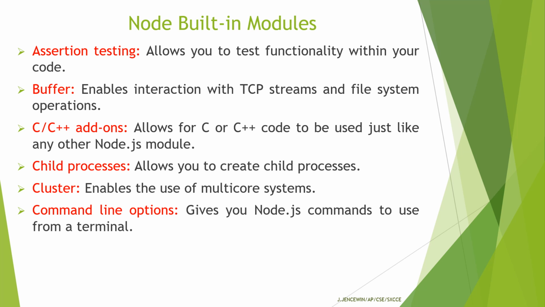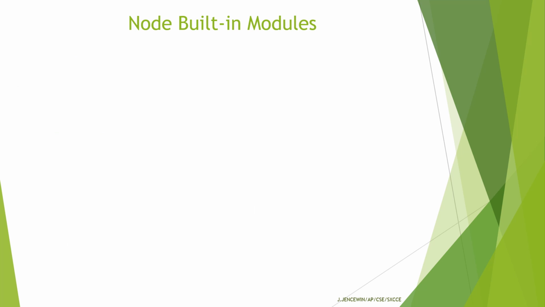Then command line options. This provides various modules for enabling command line options, so that you can interact through the terminal. And the console, this gives the user a debugging console. This console module provides various methods for outputting messages to the console.